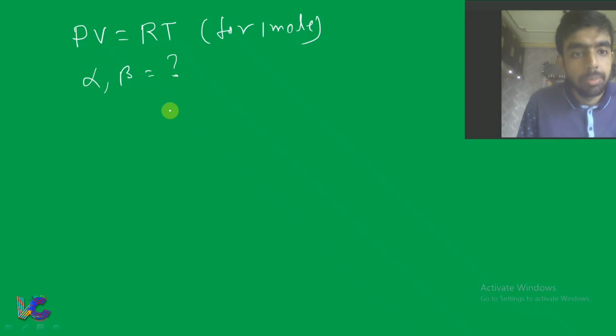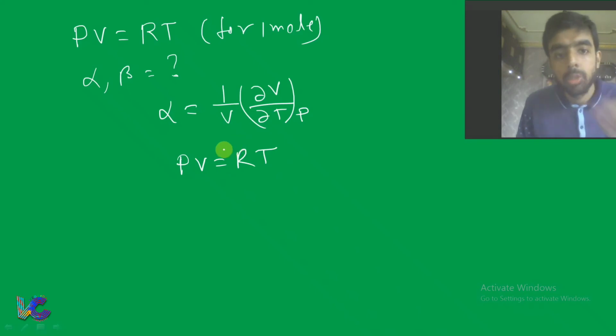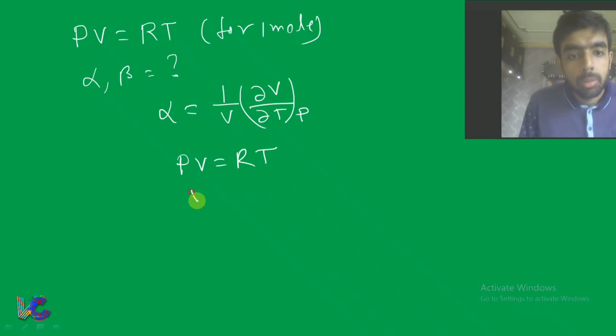Now let's see. Alpha is equal to 1 by V del V by del T at constant P. Now PV equal to RT is my equation, so from here you can write V equal to RT by P.